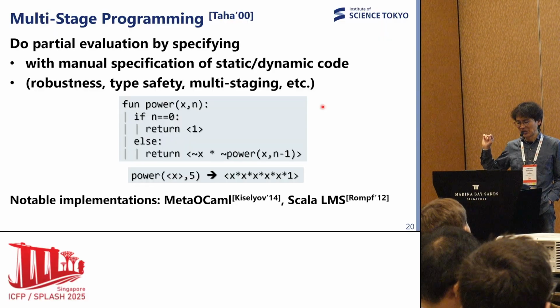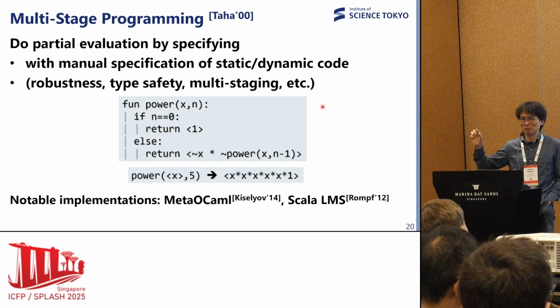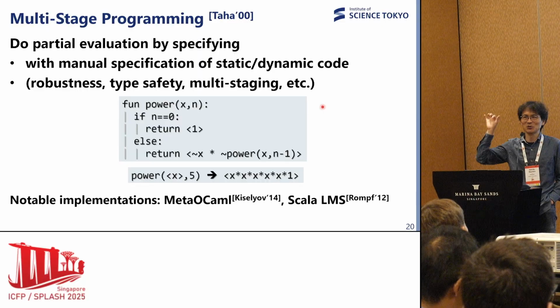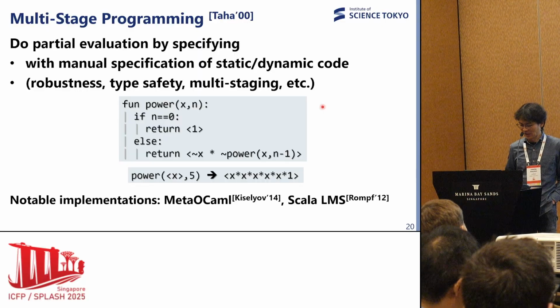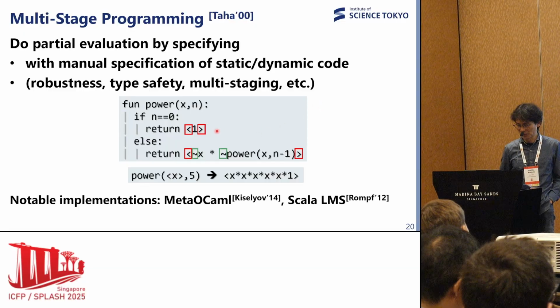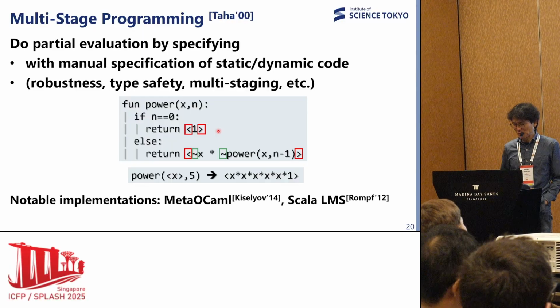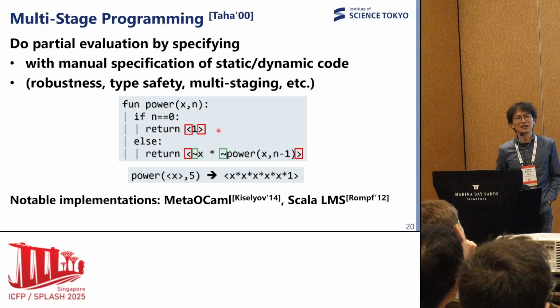Multi-stage programming is just manual partial evaluation, by specifying this part is dynamic code and this part is static code, in those boxes. The notable implementations are MetaOCaml and Scala LMS.